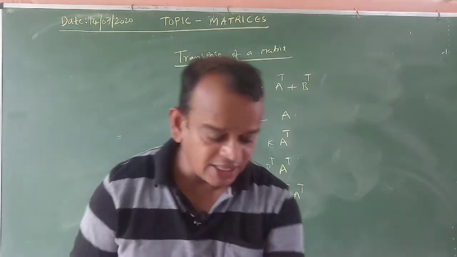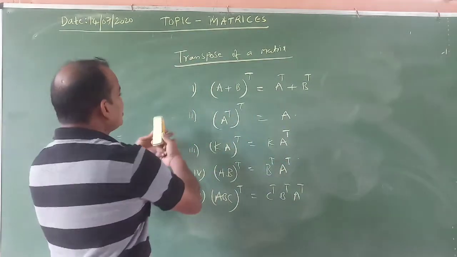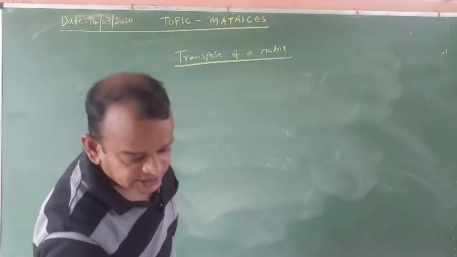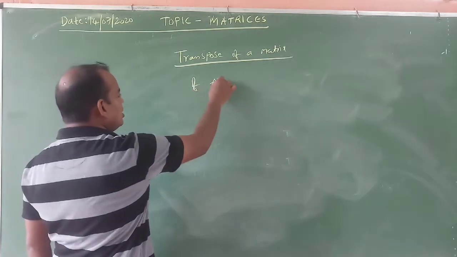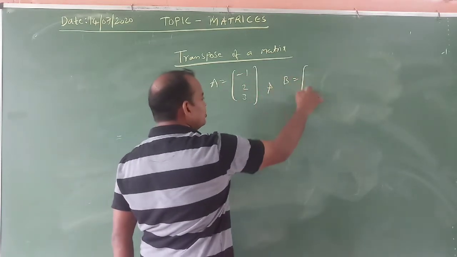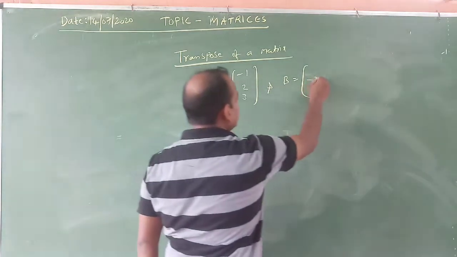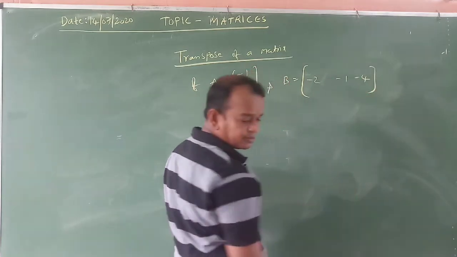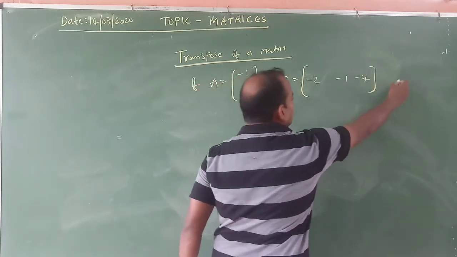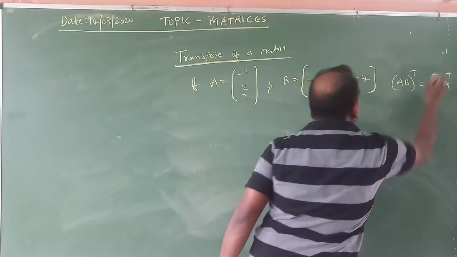Now we can take the example for the transpose of the matrix. Suppose A is equal to -1 2 3 and B is equal to -2 -1 -4, then verify that AB whole transpose is equal to B transpose into A transpose.